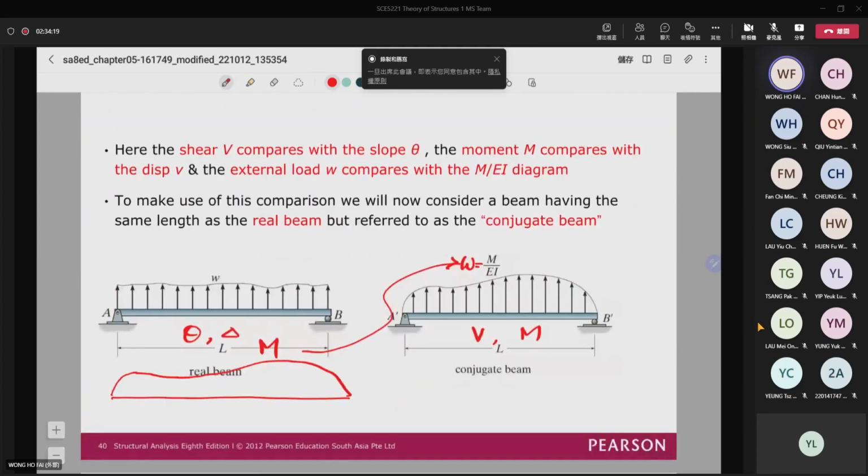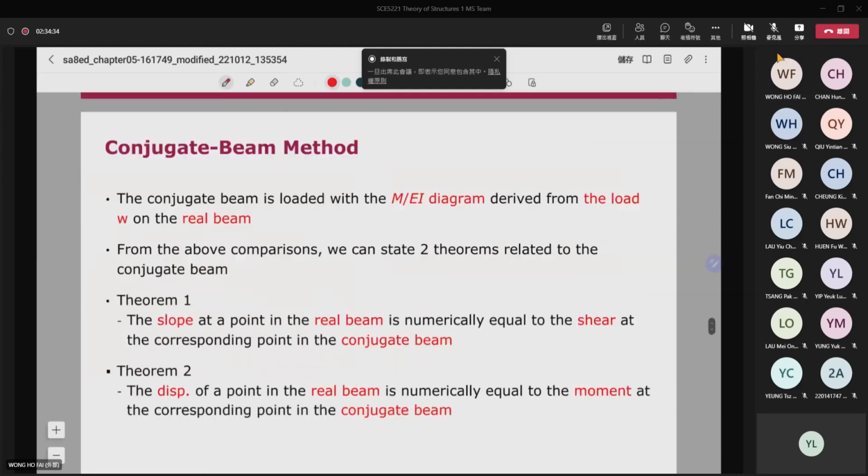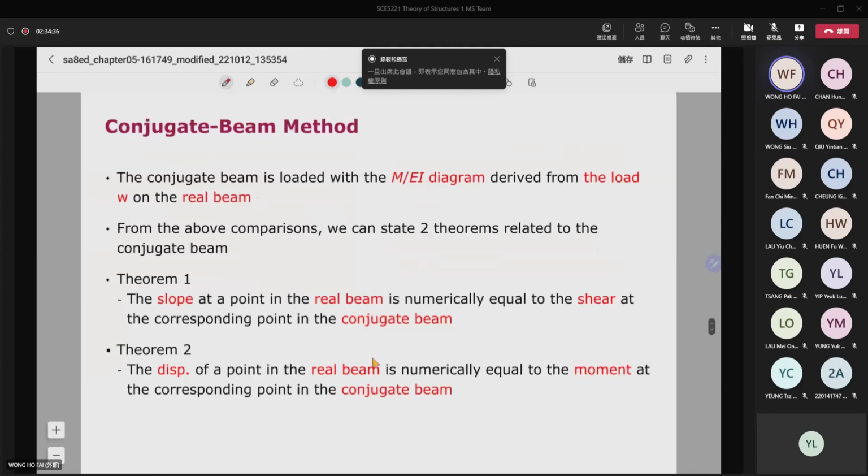So here you can see that the deflection is equal to the moment of the conjugate beam, and the rotation is equal to the shear of the conjugate beam. So this is the theorem.